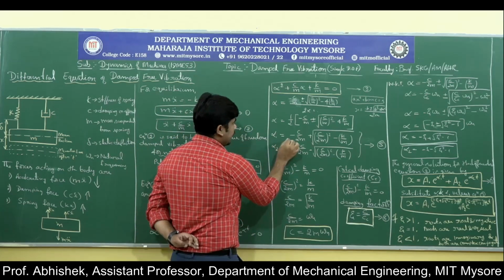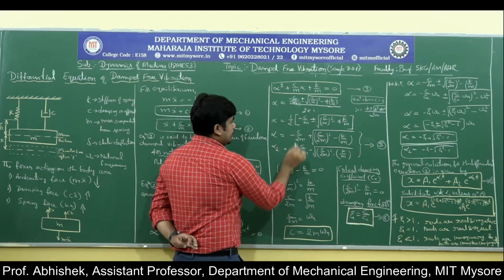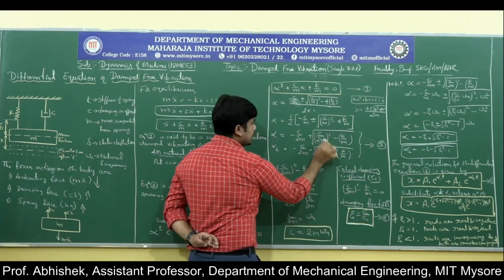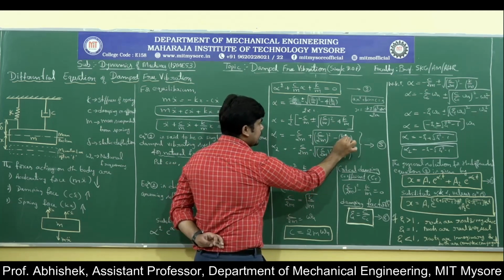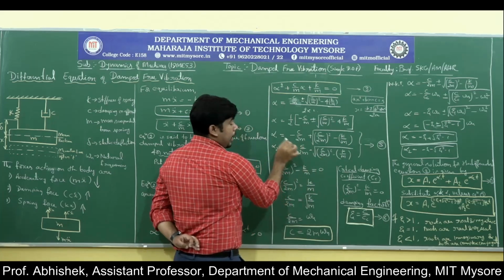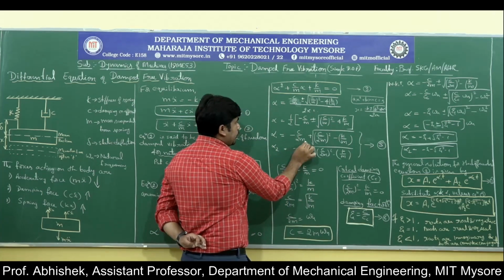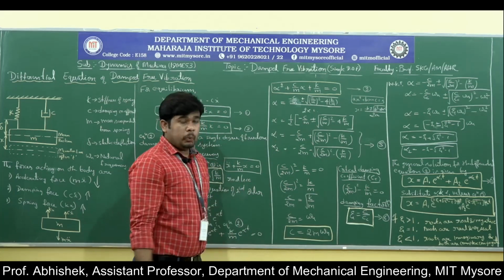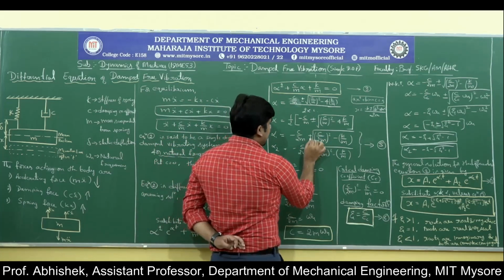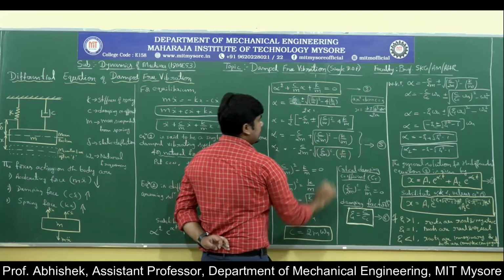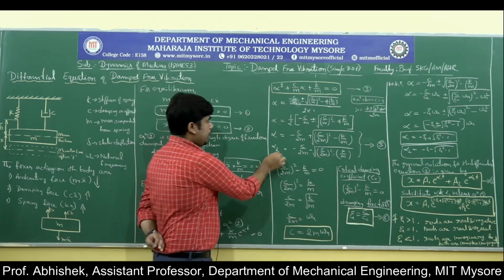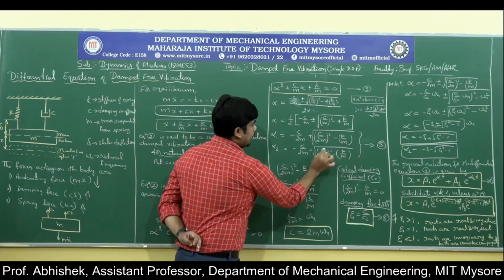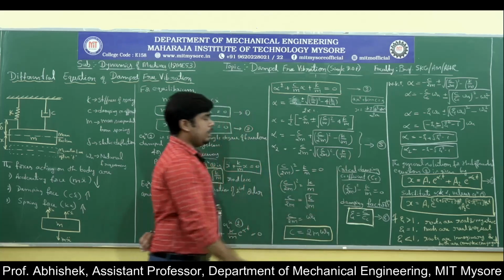Alpha 1 is equal to minus c by 2m, multiplying with the 2, plus square root of c by 2m whole square minus k by m. Similarly for alpha 2, for the negative condition, minus c by 2m minus square root of c by 2m whole square minus k by m.